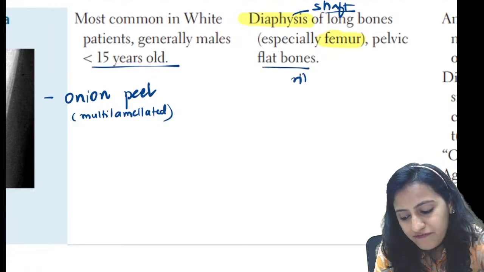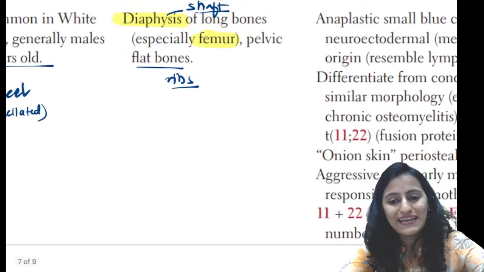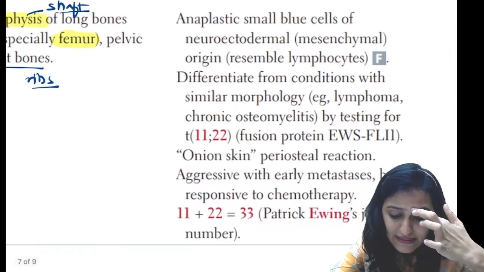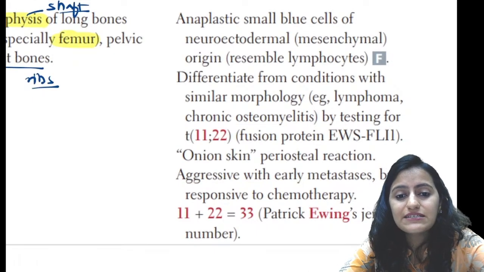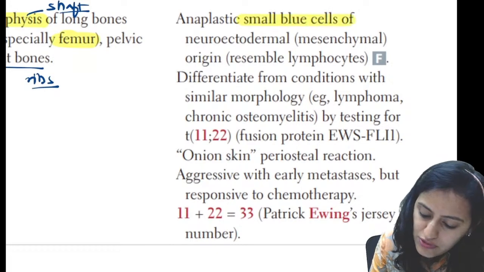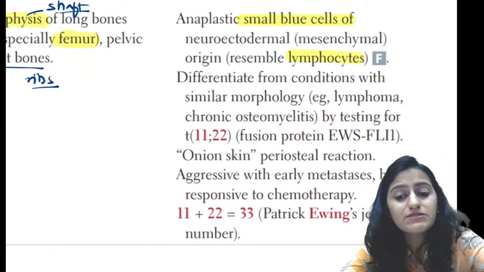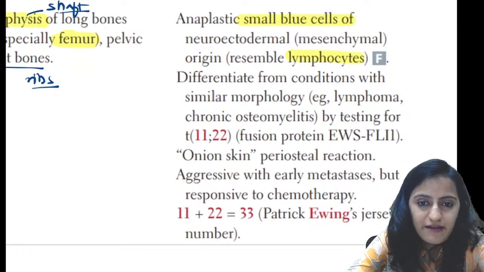It can involve the flat bones like the ribs or the pelvic bone also can be involved. Okay. And remember that this tumor comes under the small round cell tumors. Okay. So the small blue cells are seen here which resemble lymphocytes. It comes under your round cell tumor, the blue cell tumor that we have.